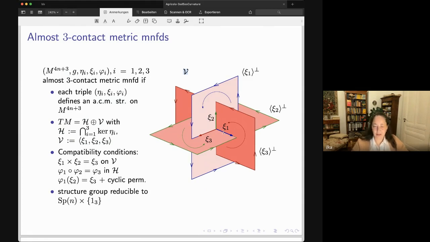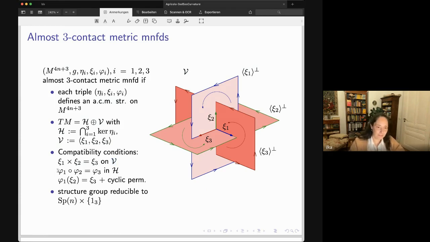And then here I have psi_1, and to psi_1, I have the orthogonal plane psi_1 perp. And the idea is now that, first, psi_1 cross product with psi_2 is psi_3, inside V, of course.